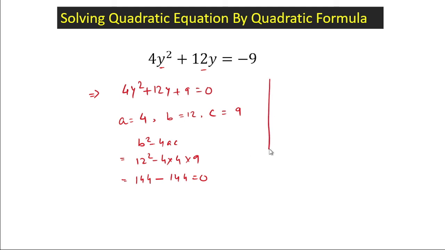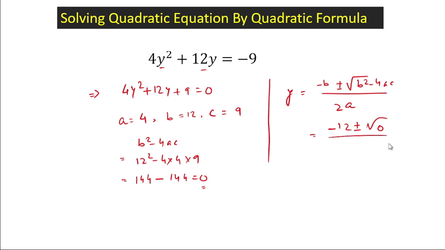Now we know the formula of the quadratic equation, where in place of x it is y. The value of y will be minus b plus or minus the square root of b square minus 4ac, divided by 2a. Here the value of b is 12, so minus b will be minus 12, plus or minus the square root of 0, which we have calculated, divided by 2a, where the value of a is 4.